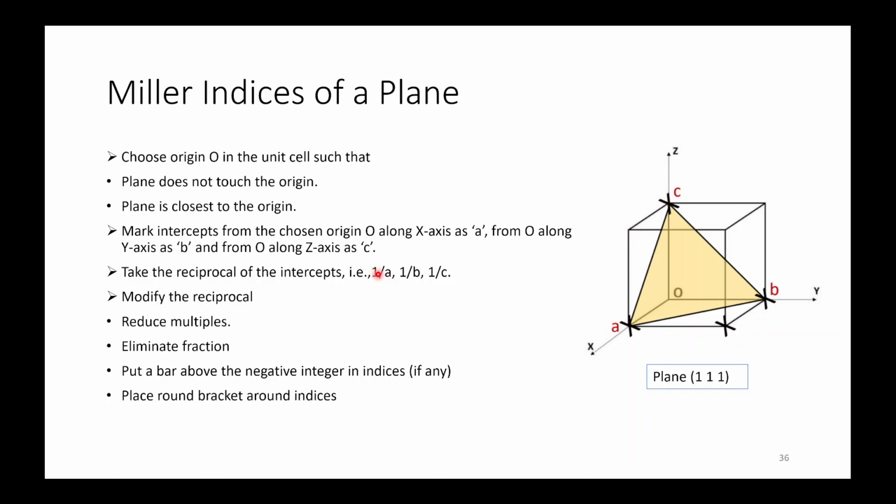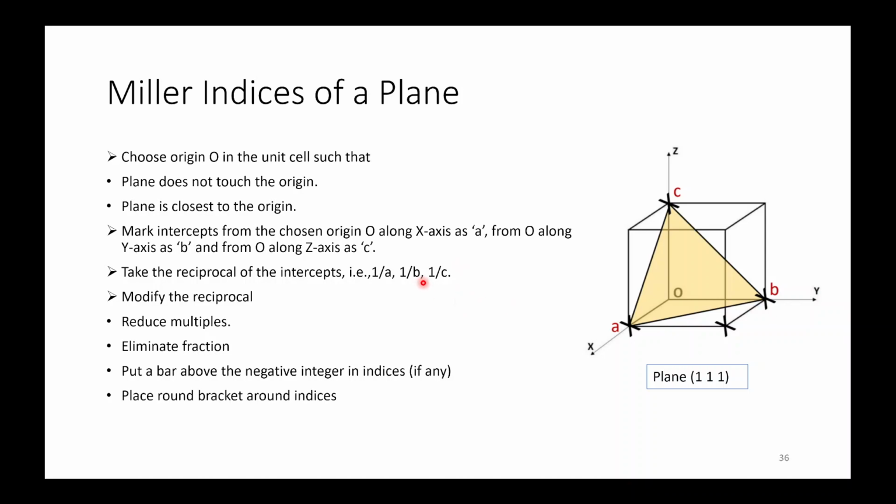So you have to do 1 by A, 1 by B, 1 by C. Along the x direction you take 1 by A, y direction 1 by B, z direction 1 by C. Then these will be your indices.